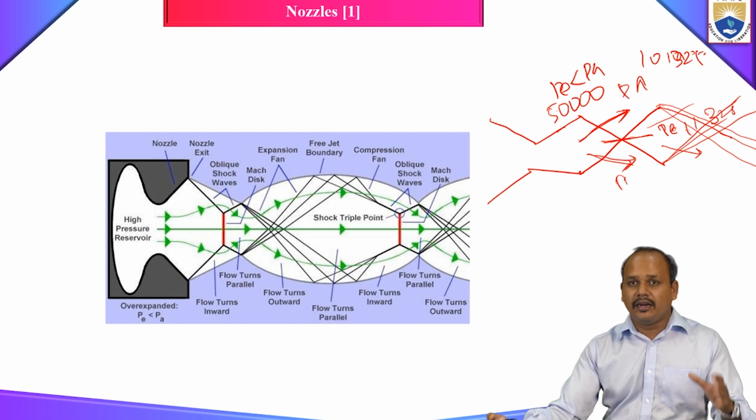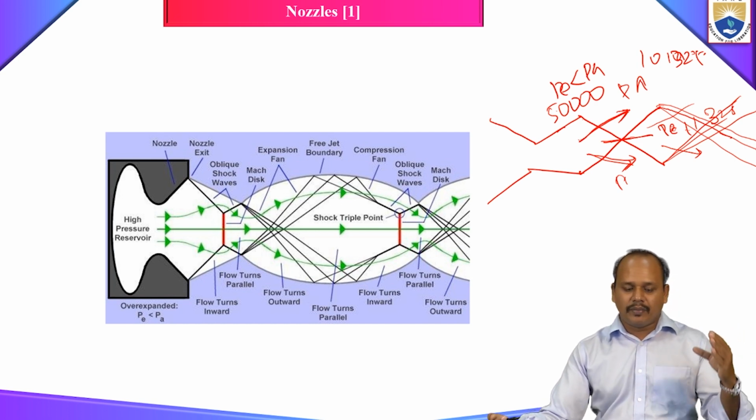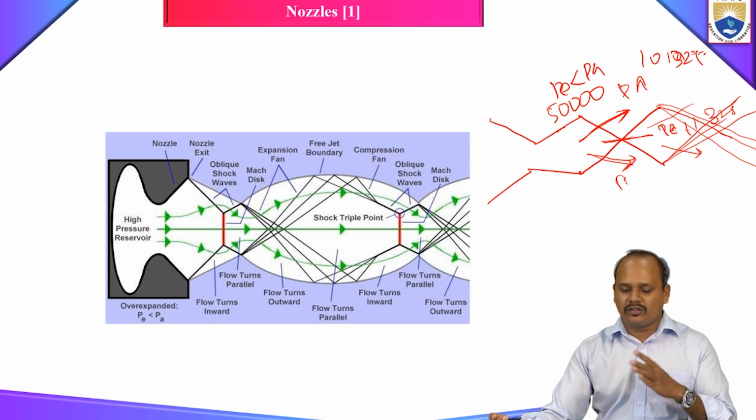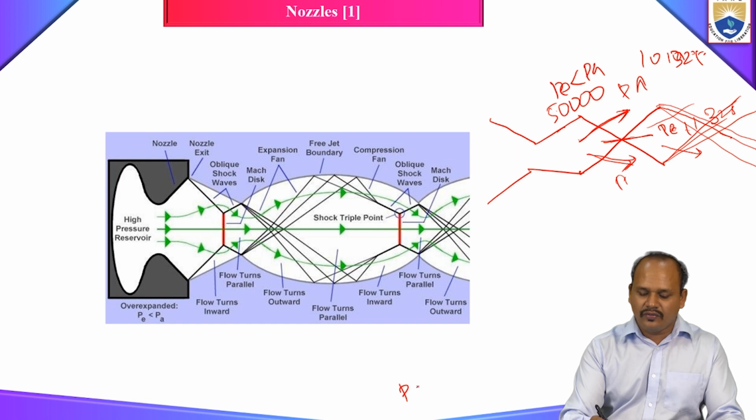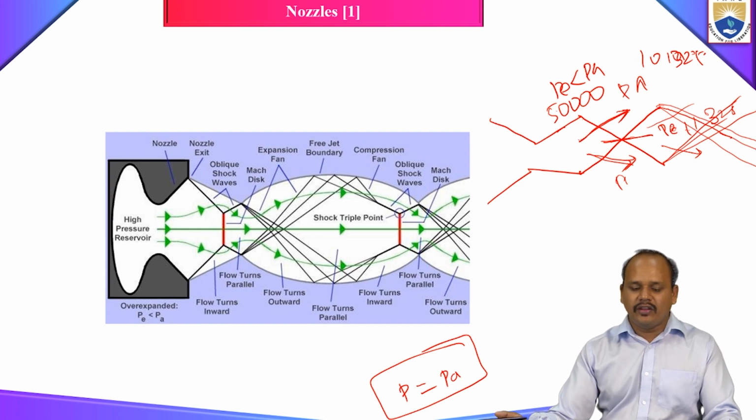Like this, the continuous formation of compression wave, expansion wave, compression wave, expansion wave will continue till the pressure of your flow becomes equal to your atmospheric or surrounding pressure. Till that point, you will have the formation of this shock cell pattern.